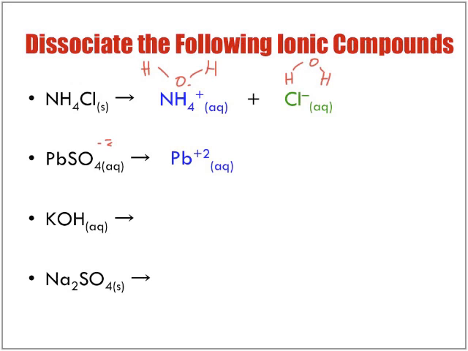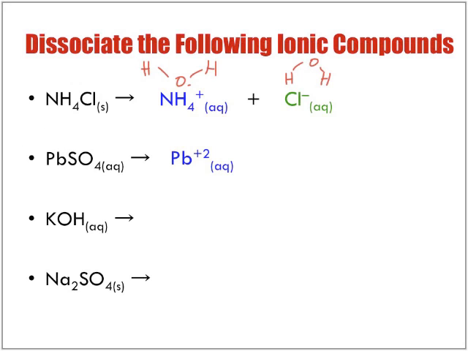It's a -2. We don't see any little subscripts here, which means they must have been canceled out, simplified. Which means the Pb had to have been a +2, and the sulfate, obviously the -2. So the Pb is a +2.